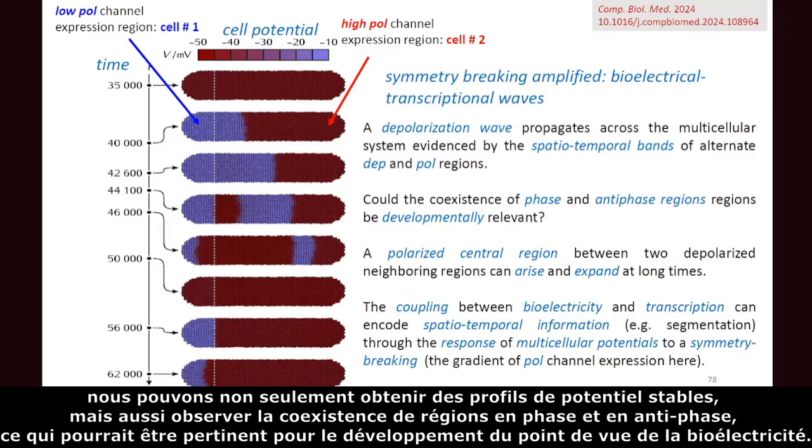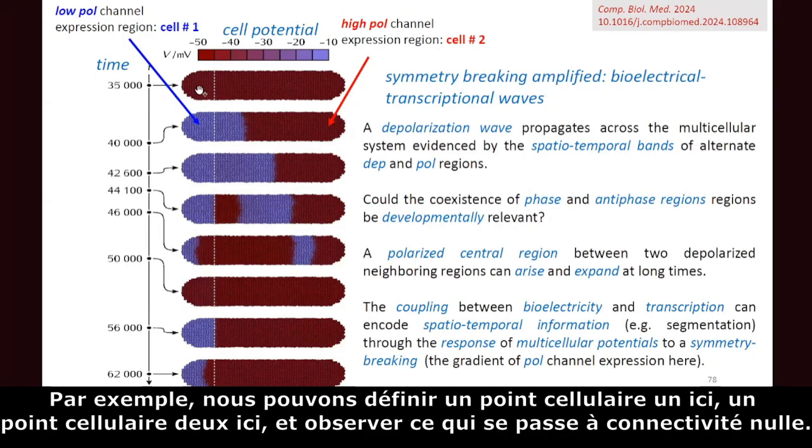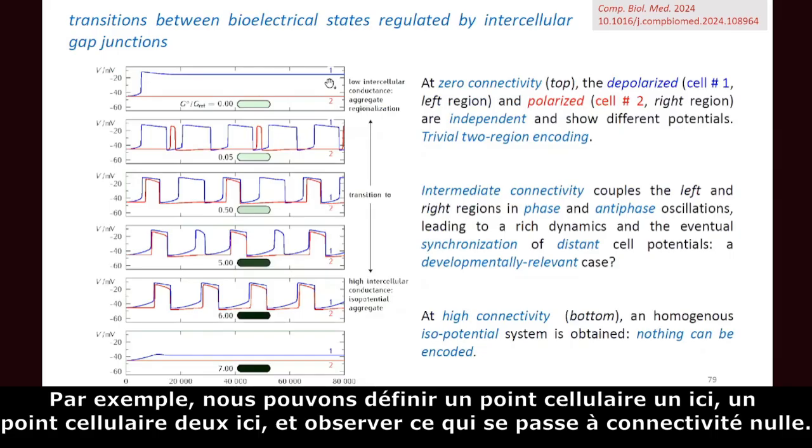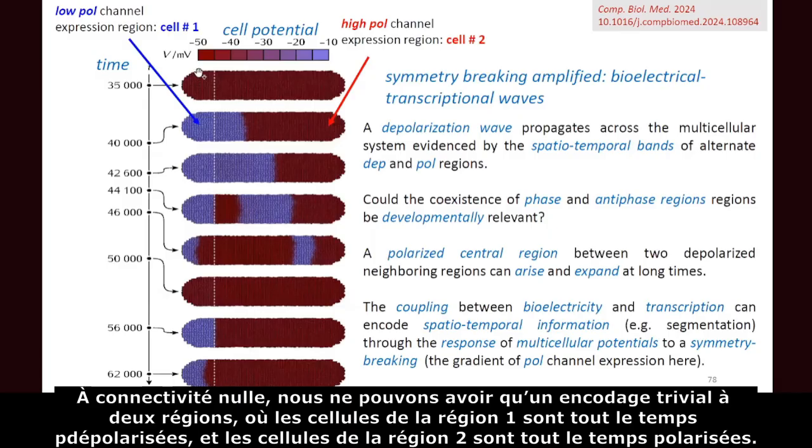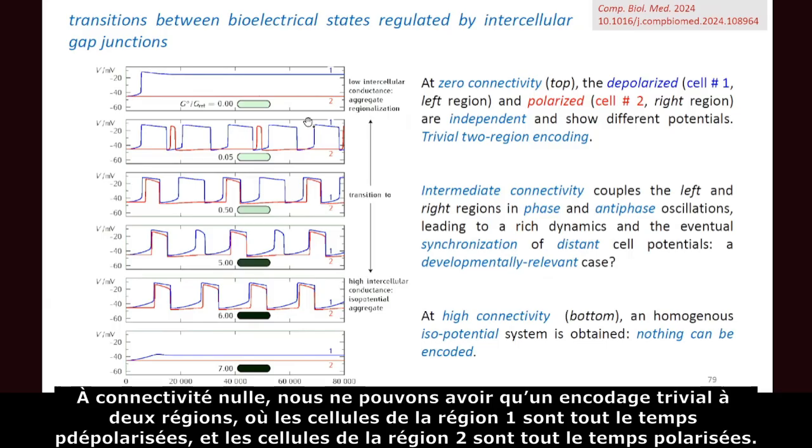For instance, we can set cell point 1 here, cell point 2 here, and see what happens at zero connectivity. At zero connectivity, we can only have the trivial two-region encoding, where cells in region 1 are all the time depolarized, and cells in region 2 are all the time polarized. This is a trivial encoding.